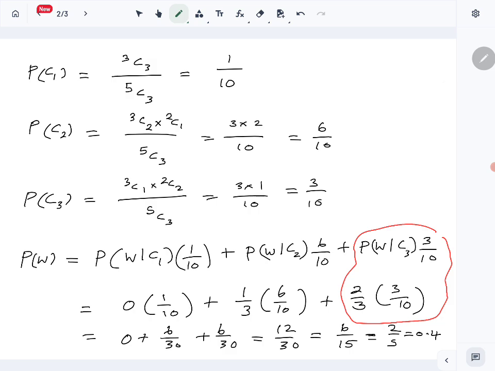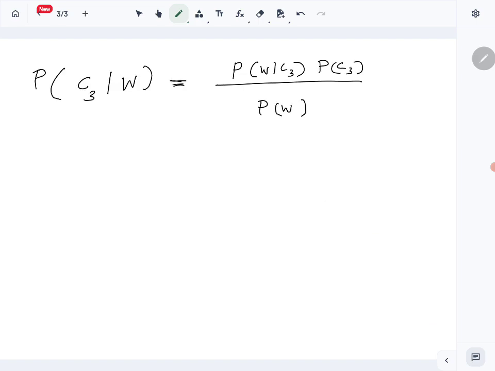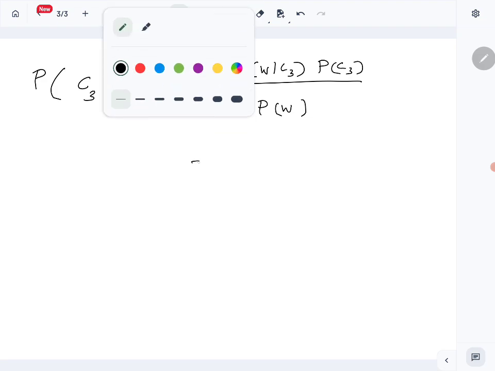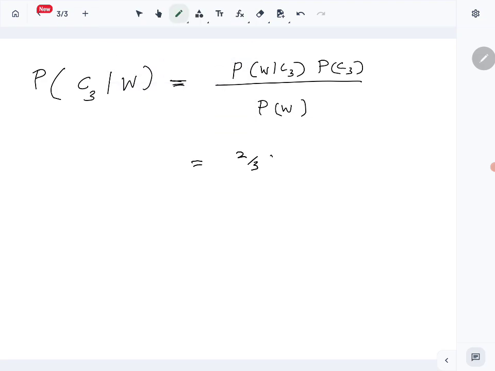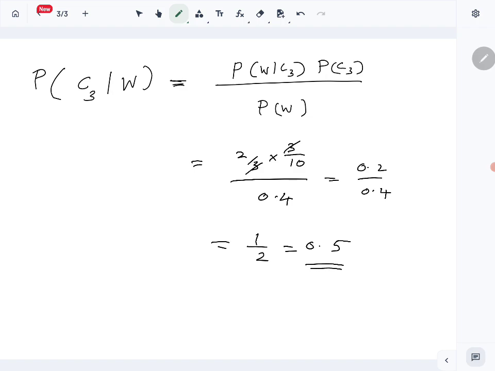What is in the numerator is that P(W|C3) is 2 over 3 and P(C3) is 3 over 10. So we get 2 over 3 times 3 over 10, and we have already figured out P(W), which is 0.4. Now simplify. So we have 0.2 over 0.4, or half. Right. So that is the answer for question number 17, part A. Right. So next we will look at part B of question number 17.